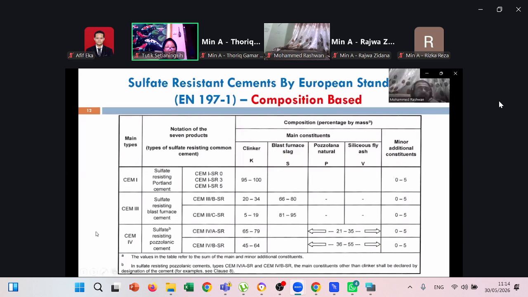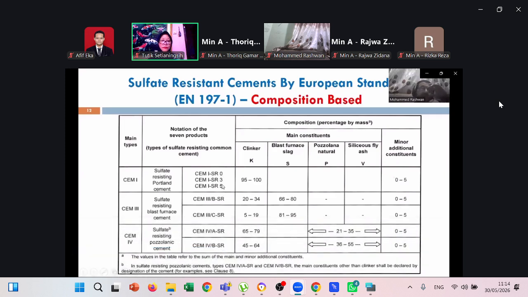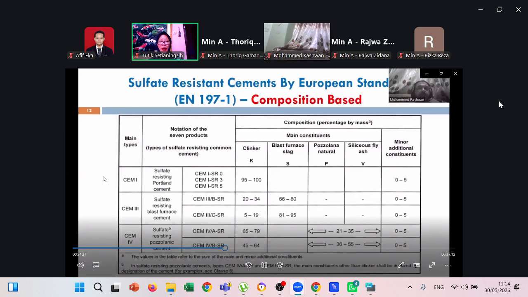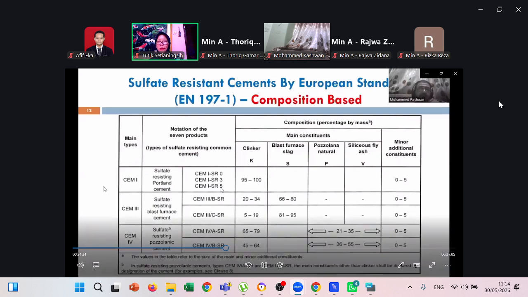C1 is sulfate-resistant Portland cement, classified into 3 subdivisions: C1 SR0, C1 SR3, and C1 SR5. The same percent of clinker, but the phase composition is different, because in this case the C3A, tricalcium aluminate phase, ranges from 0% to 5%.